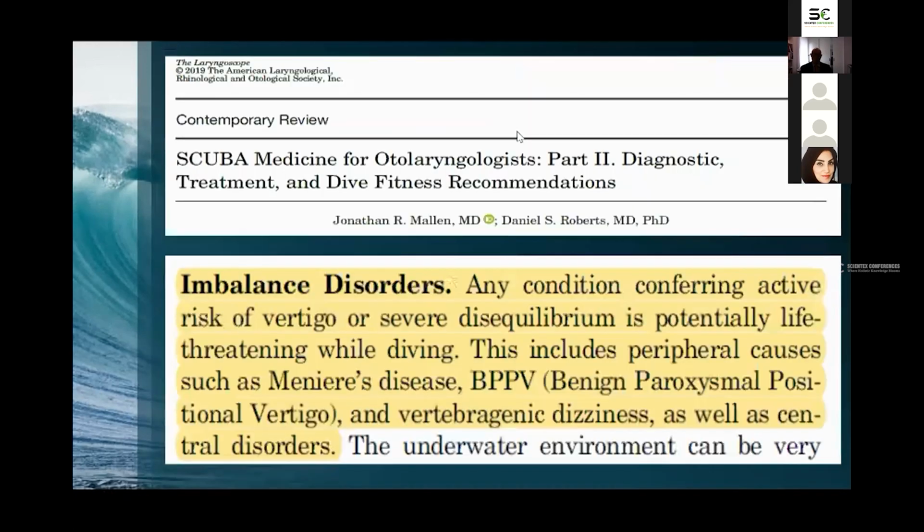J. Mellon recently published a review of dive fitness recommendations and concluded that it is imperative that ABV should be differentiated from peripheral causes such as Meniere disease, benign paroxysmal positional vertigo, and vertebrogenic dizziness, as well as central disorders.